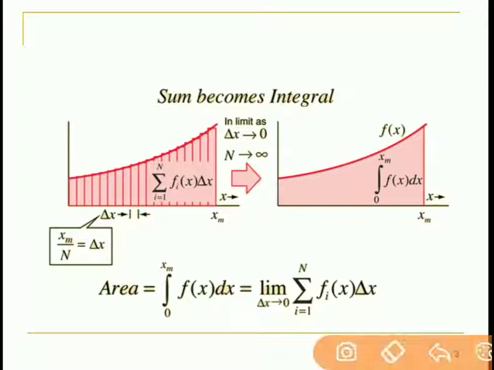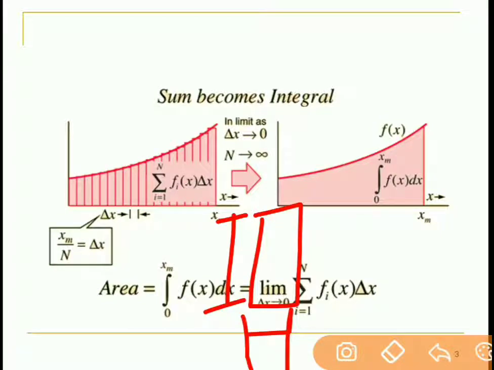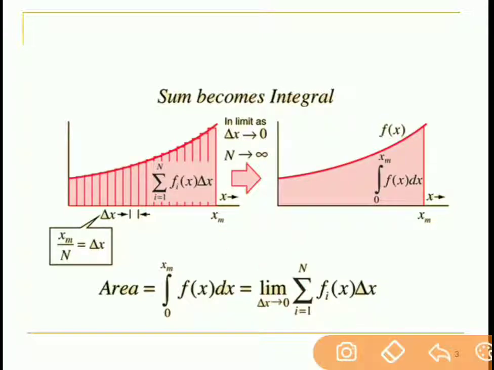Okay. So in this case, what is the rectangular area? The rectangular area is equal to the height into this distance. So this distance is delta x, which is fixed for all the rectangles, and the height of the rectangle varies according to the function. And the height of the rectangle is equal to what? It is equal to f of x.